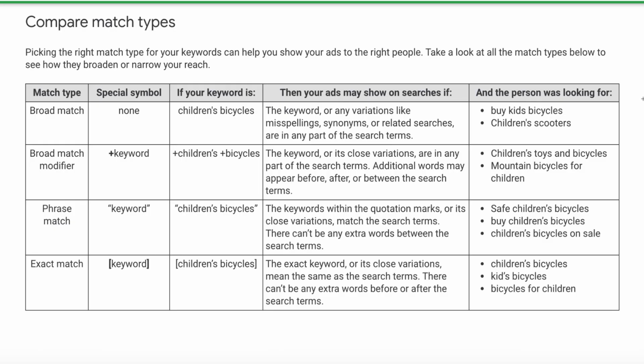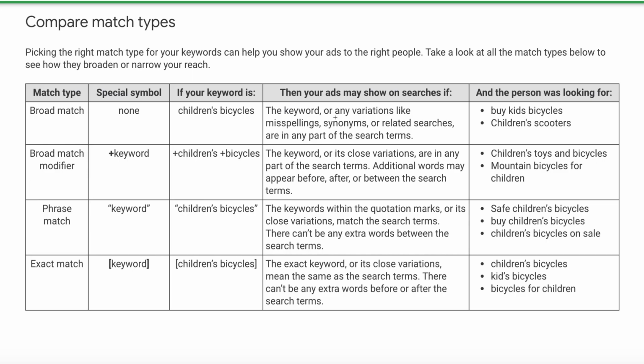Now when you add your keywords, you have the choice of broad match, phrase match, or exact match. We won't go into too much detail, but broad match basically means, for example, if your keyword is children's bicycles, with no plus, quotations, or brackets, then your ad would pop up for people typing in buy kids bikes or children's scooters.